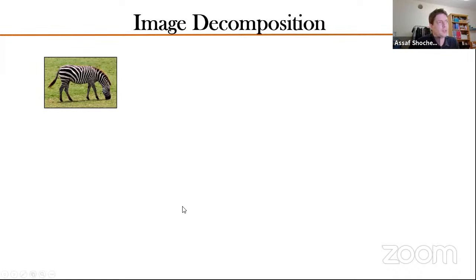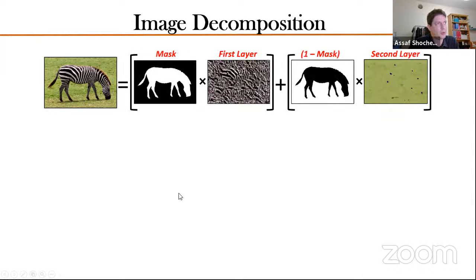I'll explain this with some examples. Look at this image over here. I hope I can decompose it so that it would be this segmentation mask multiplied by this zebra pattern, plus the anti-mask multiplied by the background.